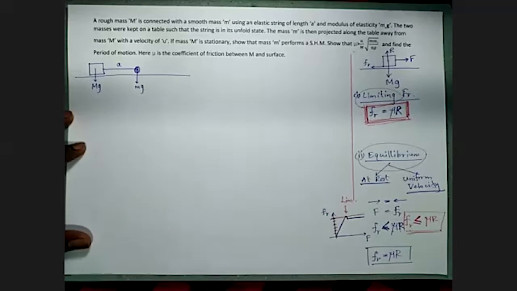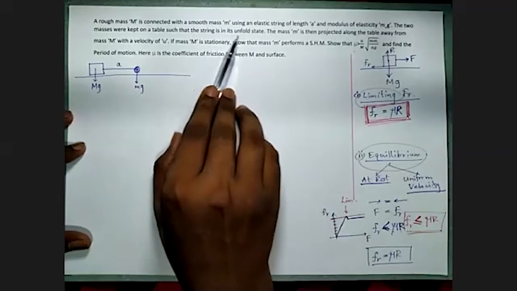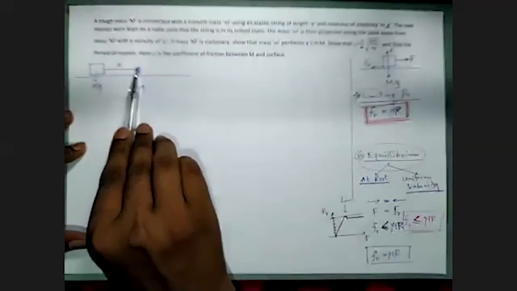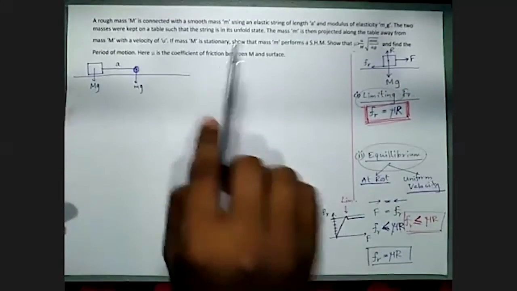String length is A. Masses were kept on a table such that the string is in its unfold state. String is stretched to its natural length, not beyond its natural length.